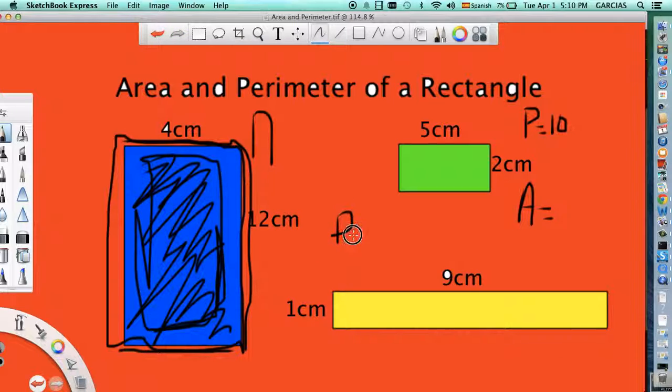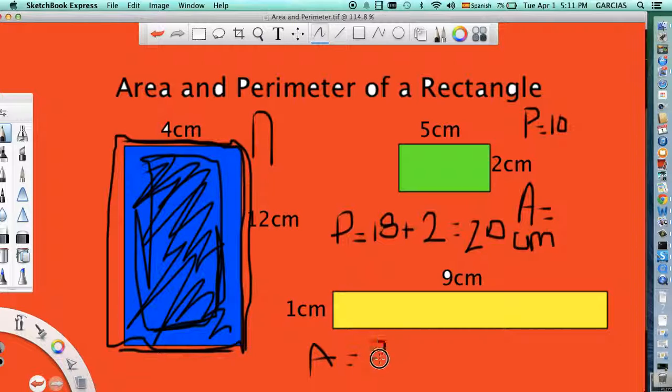The perimeter would be 9 times 2, that would be 18, plus 1 times 2, that would be 2, and the total would be 20 centimeters. Right? To find the area, this is pretty easy.